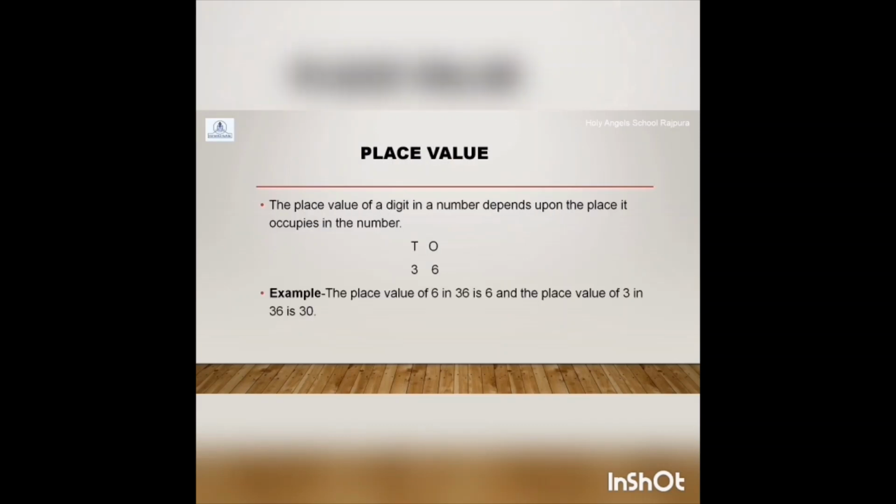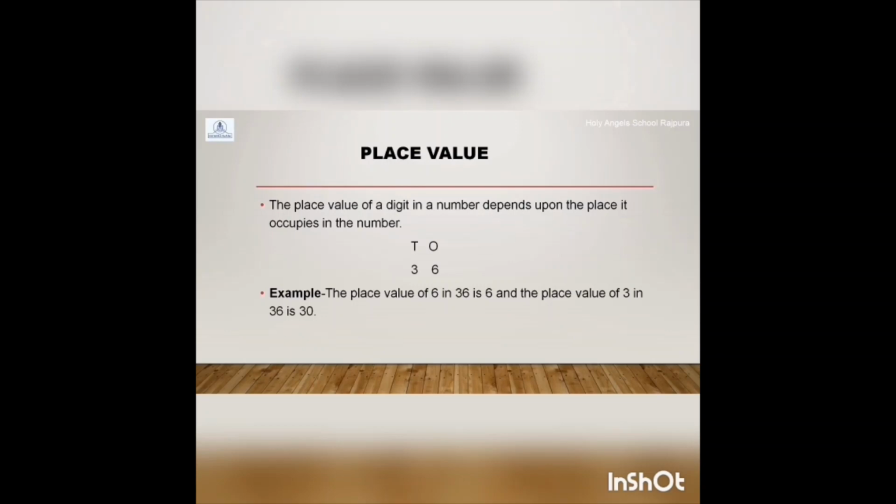Place value. So children, now I will explain to you what place value is. The place value of a digit in a number depends upon the place it occupies in the number. Children, see here we have given the number 36.